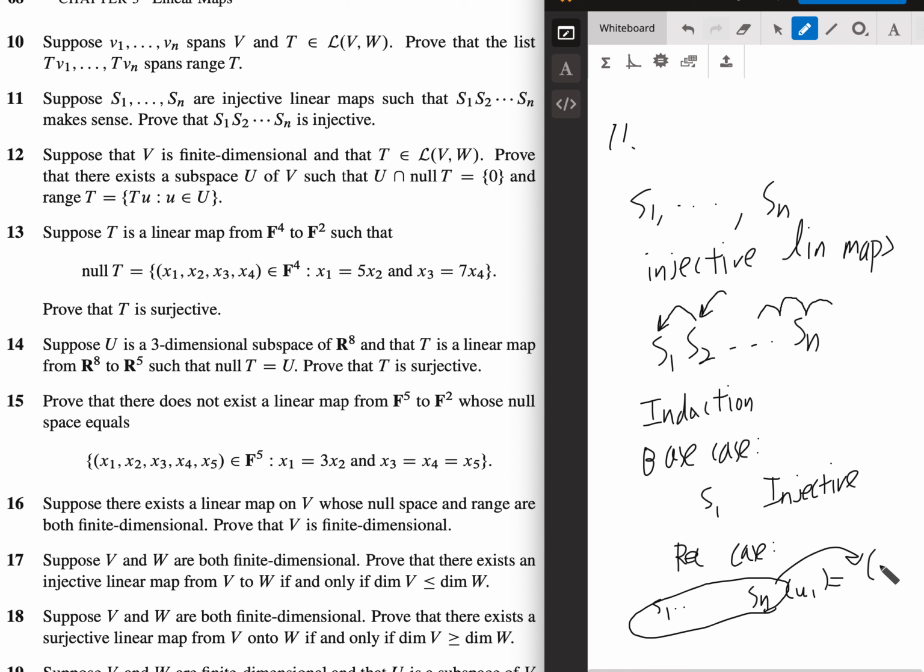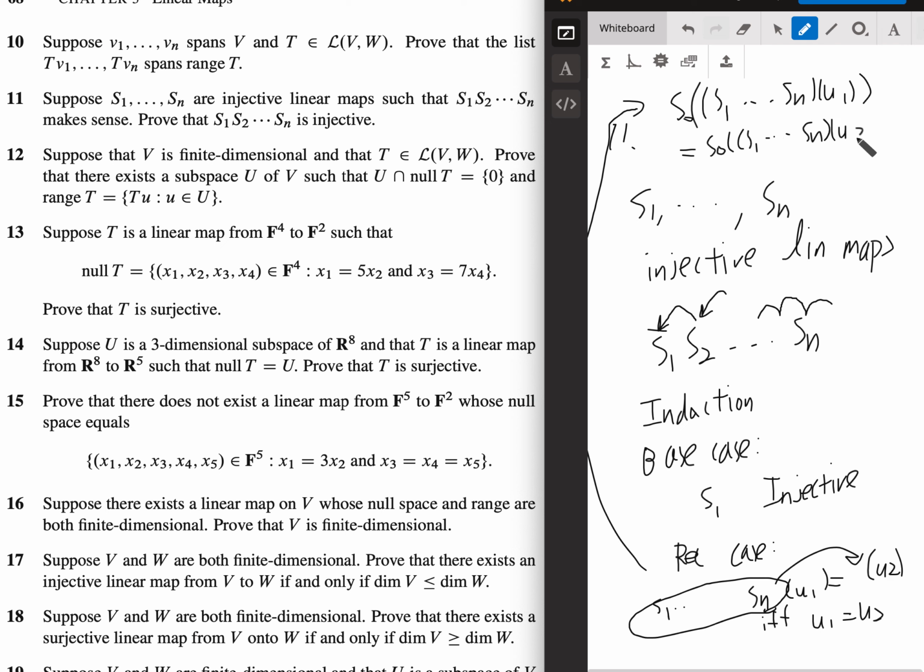The same bunch of stuff, U1 is equal to U2 if and only if the outputs are equal. And I think you can pretty much say the same thing about putting an S0 in front of this mess. Because I think what will happen is these two things are actually equal. So since S0 is injective, then the results.